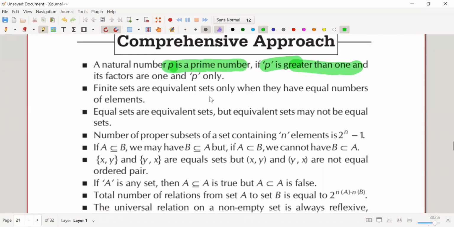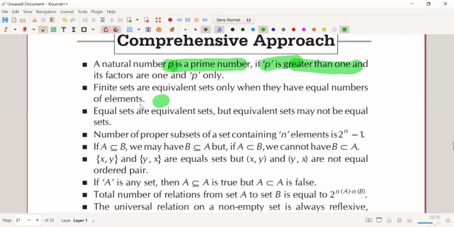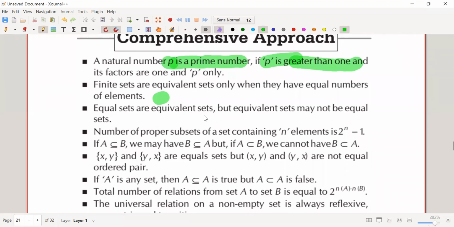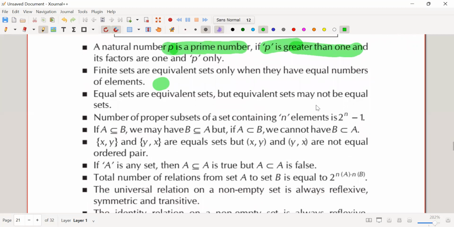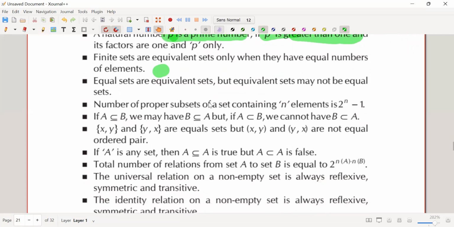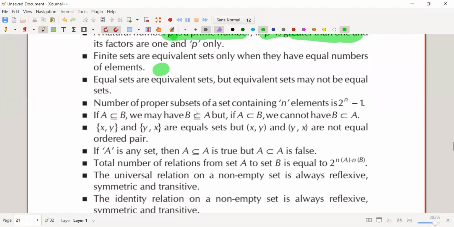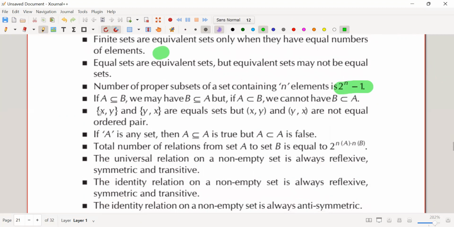Finite sets are equivalent sets only when they have equal number of elements. Equal sets are equivalent sets, but equivalent sets may or may not be equal sets. Number of proper subsets of a set containing n elements is 2 power n minus 1.